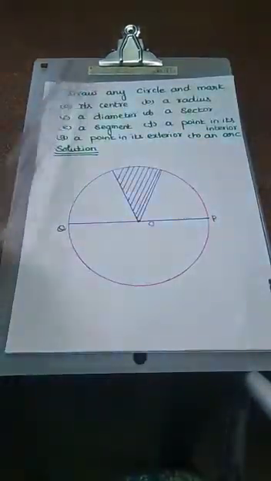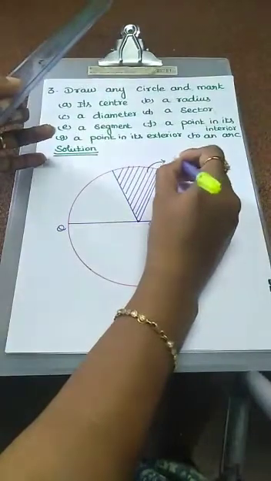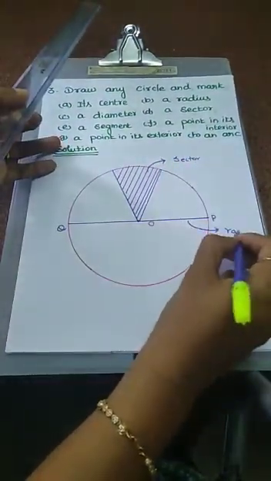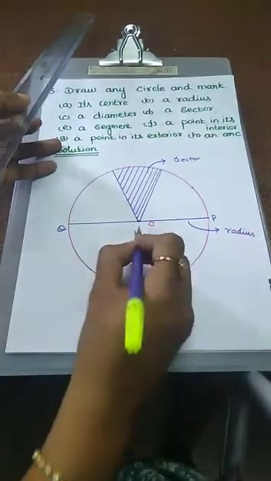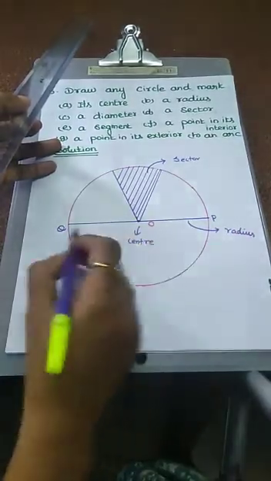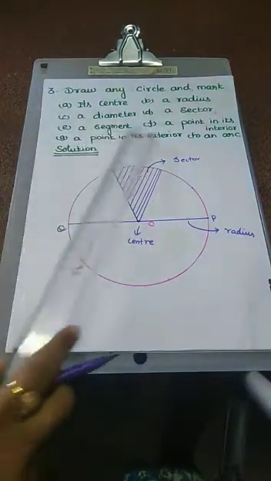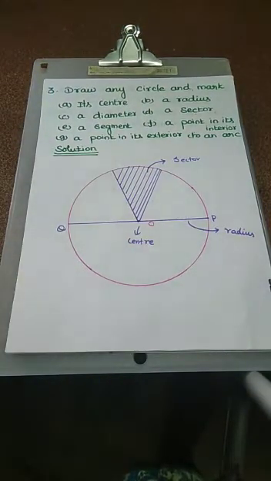This part is a sector. This is a radius, this one is the center, and this whole part is the diameter. Sector finished, and another one is segment.